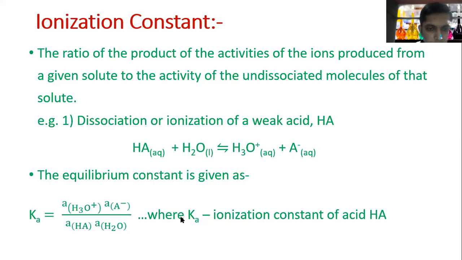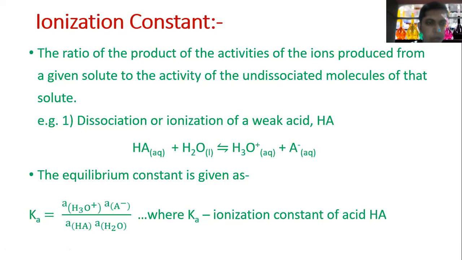Now this particular equilibrium constant of this dissociation equilibrium, which is nothing but the dissociation of weak acid HA, is called as ionization constant of acid HA. So this is the ionization constant, or you may also call it as the dissociation constant of acid HA.